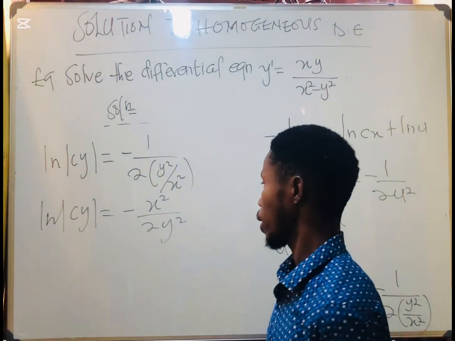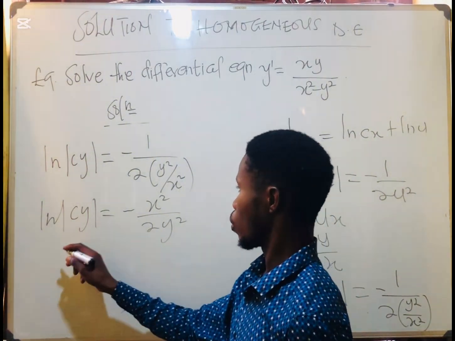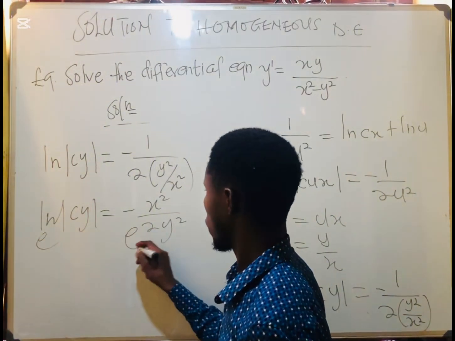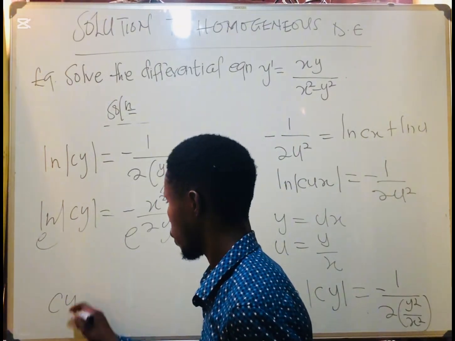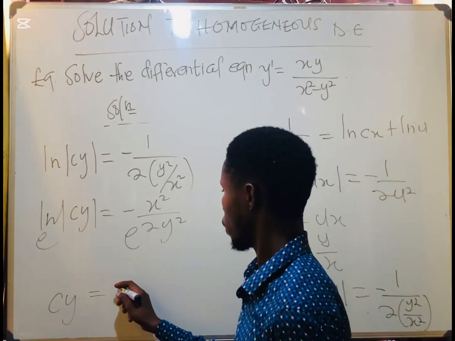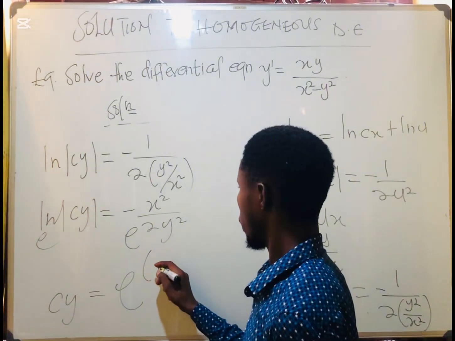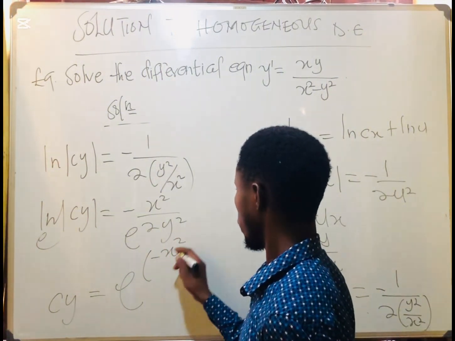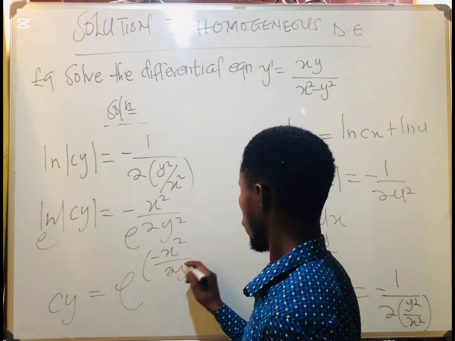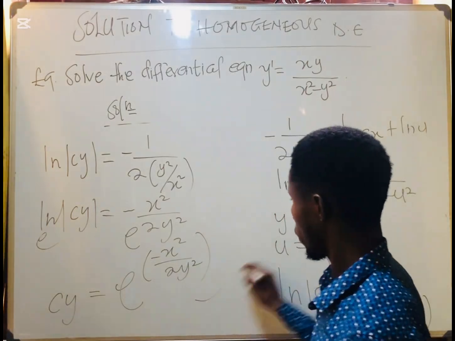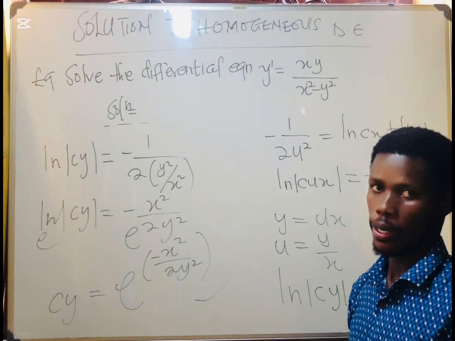Is that okay? So you can take e on both sides so that you have cy equals e to the power negative x squared over 2y squared. So this one becomes your final answer.